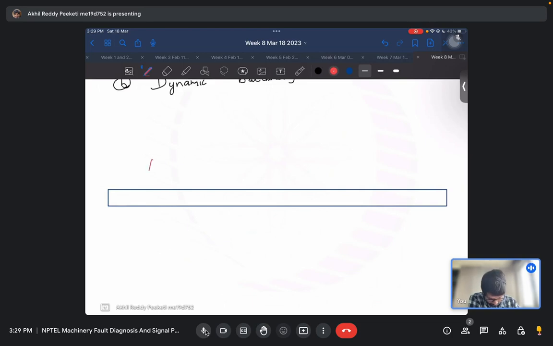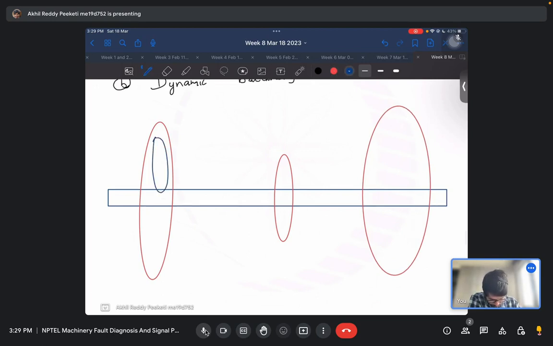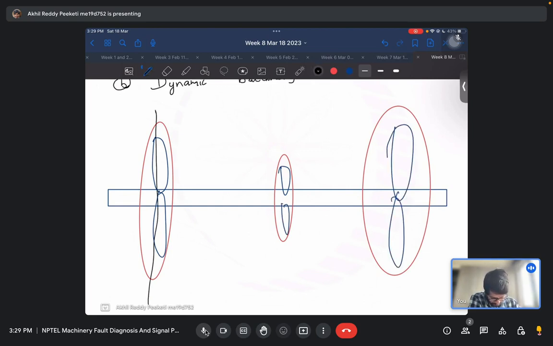So you have this multi-stage setup. Let's see. And you have forces creating unbalances in different axial planes.